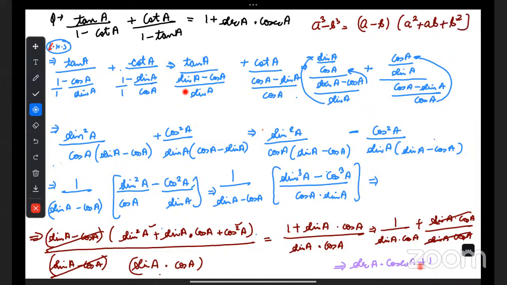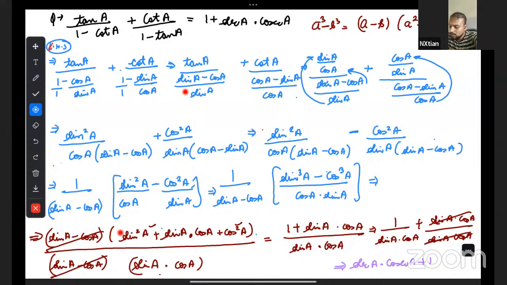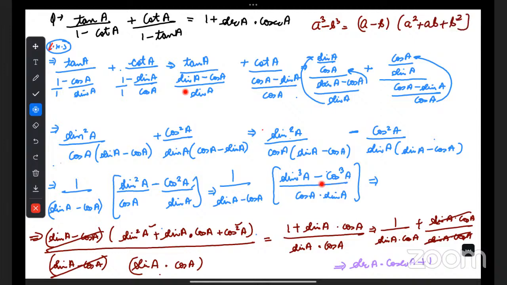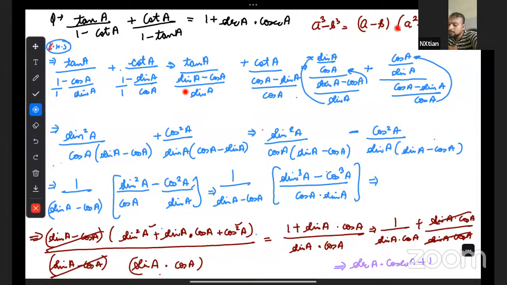Could you explain the last few steps, the ones you wrote in brown? I didn't get that. See, now it is a cube minus b cube. Can I write a cube minus b cube as a minus b into a square plus ab plus b square?